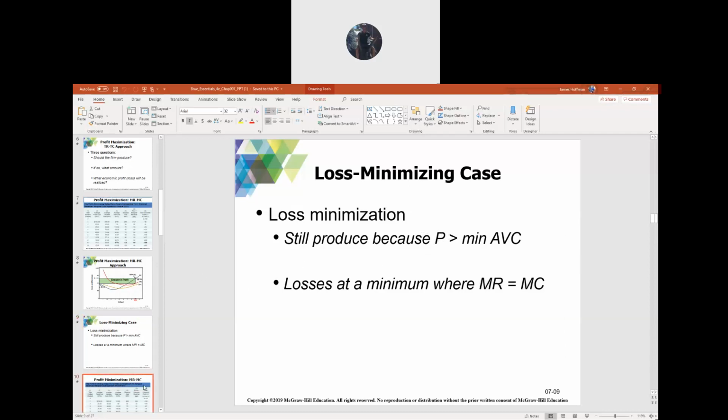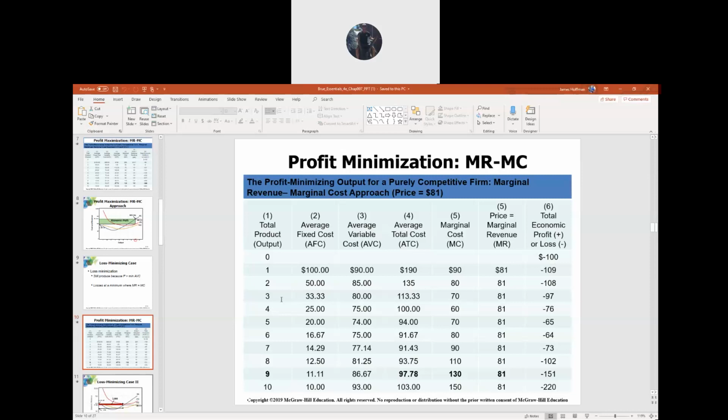So if we look here, you'll see when you look at the costs. Again, here's output, average cost, average variable cost, average total cost, marginal cost, marginal revenue, which is always, in this case, 81.